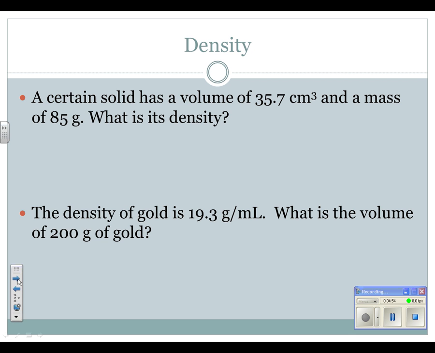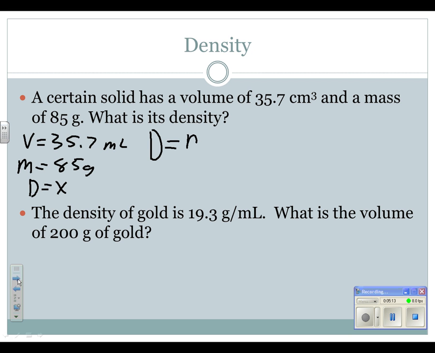All right, now let's start with the math. A certain solid has a volume of 35.7, and a mass, M, of 85 grams. What is its density? Okay, well, density equals mass over volume. So we just plug and chug.